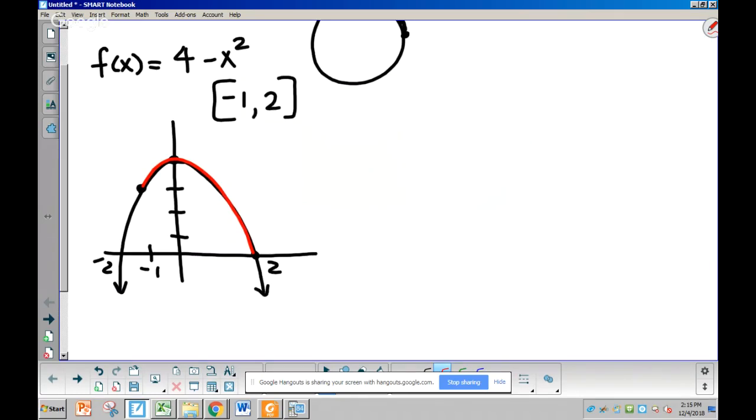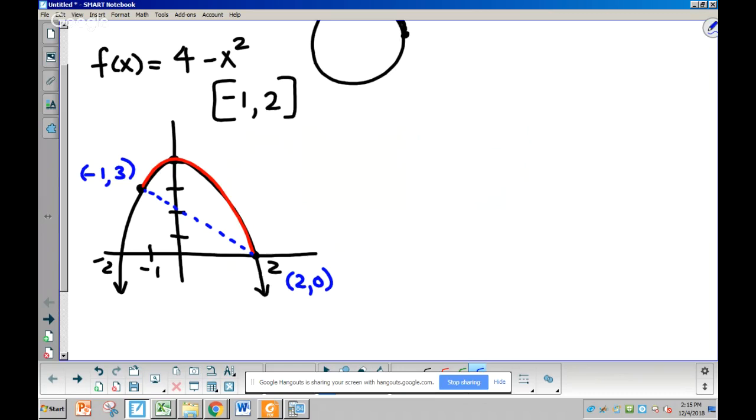Everybody follow what we're doing? Now, I could estimate the length of this curve by finding this distance. What is this point here? If I plug in, it's -1, 3, yes. And this point here is 2, 0.